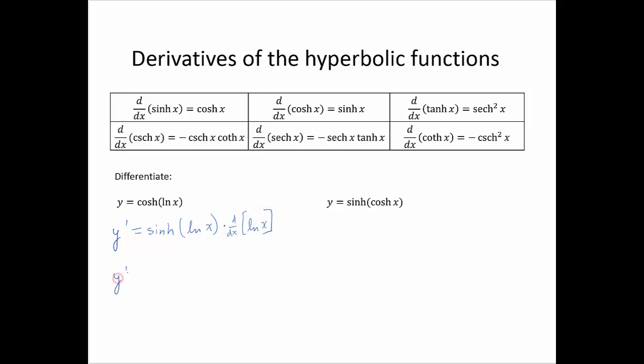So y prime would be hyperbolic sine of natural log x times 1 over x. Or we can write that as hyperbolic sine of natural log x over x.